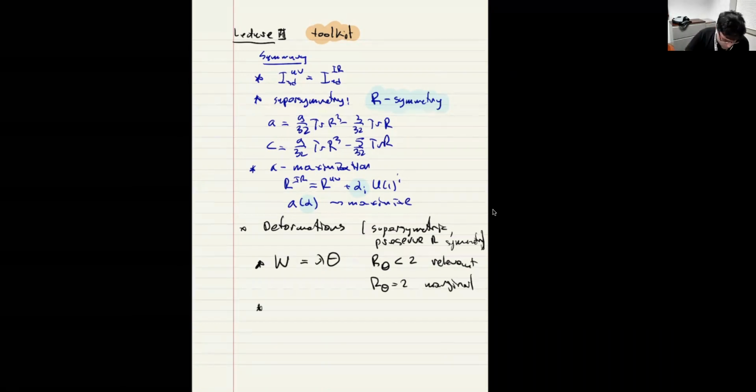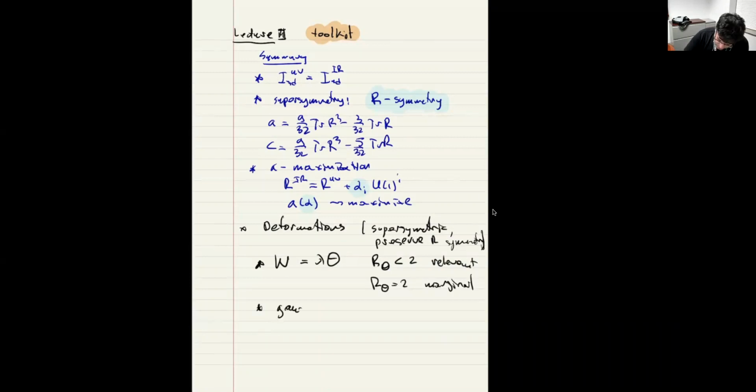Another deformation we considered was gauging a certain subgroup G of the global symmetry group of the UV CFT. Here we said that if we compute the 't Hooft anomaly of trace R G squared, and this anomaly turns out to be positive, then the gauging is relevant, or asymptotically free. And if trace R G squared is 0, the gauging is marginal.